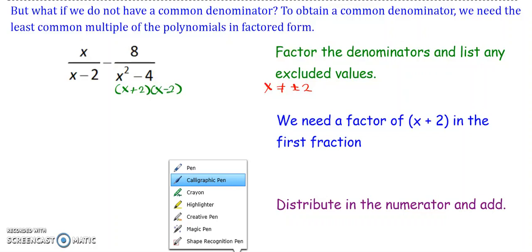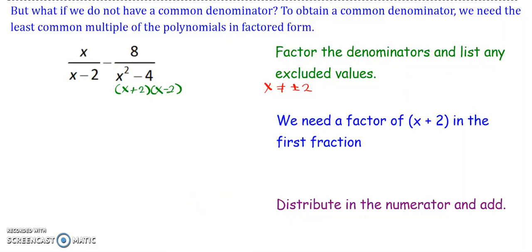Now think about this. I like to think of my common denominator by looking at each denominator and asking, what does this fraction have in the denominator that the other doesn't? Well, they both have the x minus 2, so that's good. But this second fraction also has an x plus 2 that the first fraction doesn't. So we have to take x plus 2 over x plus 2 and multiply that to the x over x minus 2 before we're able to subtract.